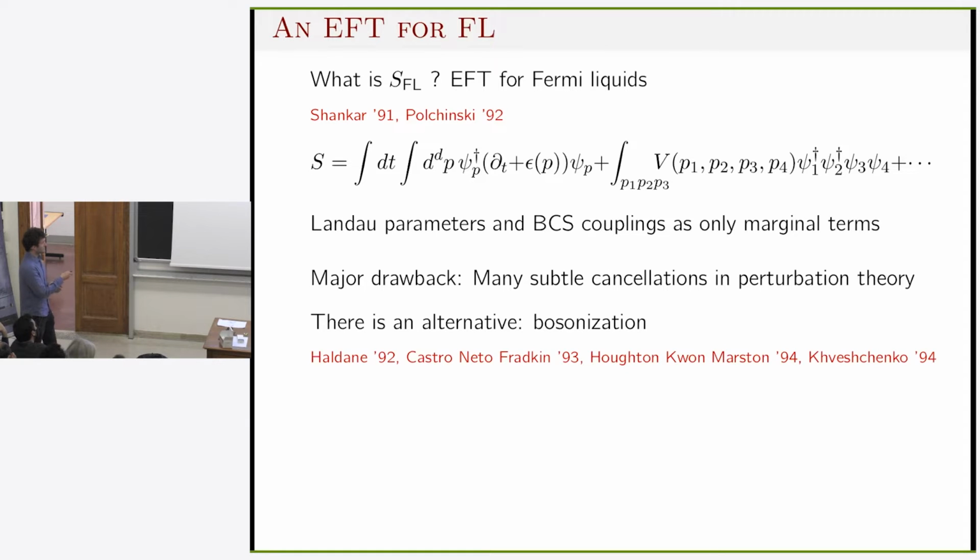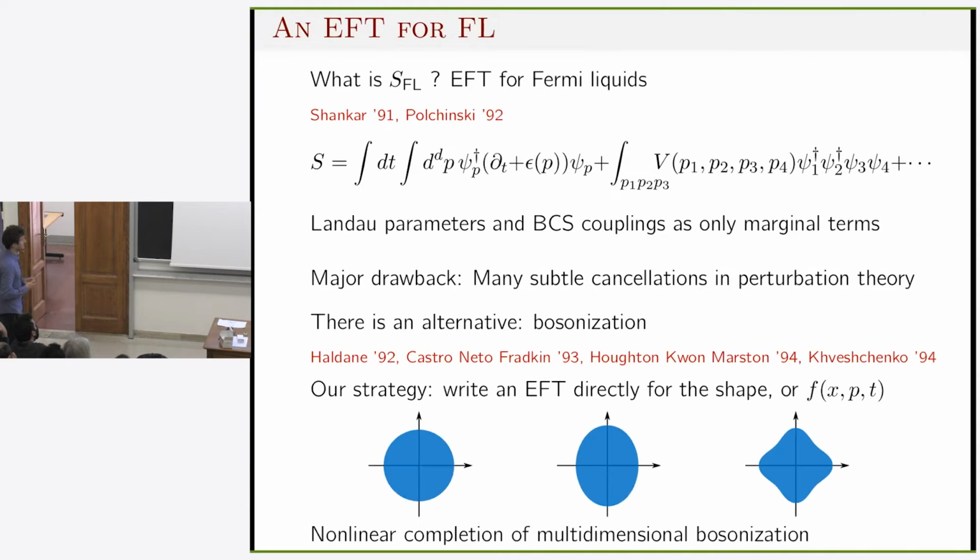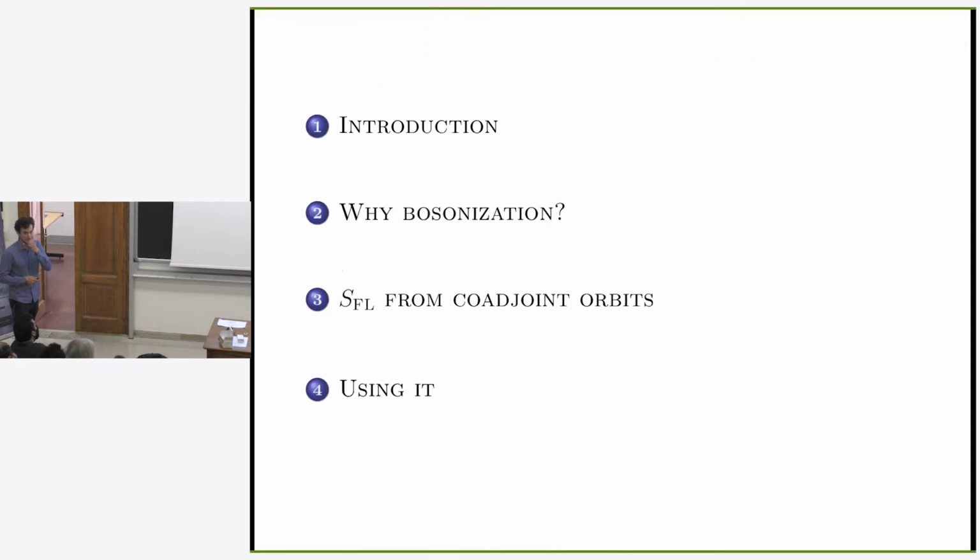So what these people came up with is essentially a Gaussian action, and it wasn't known how to capture nonlinearities in this action. The point of our work is to find the nonlinear completion of this bosonized action to get a systematic effective field theory. The general strategy will be to write down an effective field theory directly for the shape of the Fermi surface. That's the general idea.